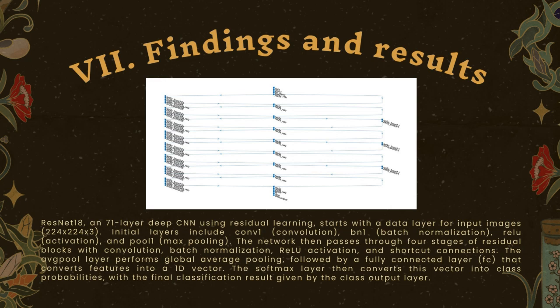The network then passes through 4 stages of residual blocks with convolution, batch normalization, ReLU activation, and shortcut connection. The average pool layer performs global average pooling, followed by a fully connected layer that converts vectors into a 1D vector. The softmax layer then converts this vector into class probabilities with the final classification result given by the class output.